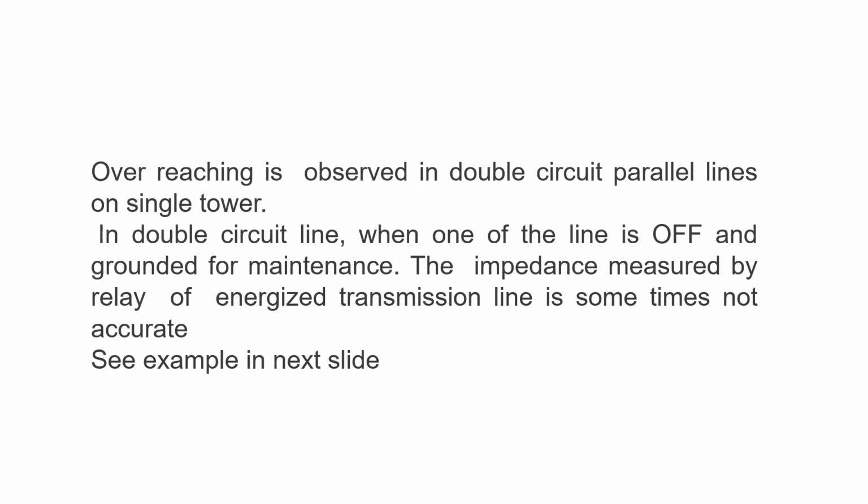Overreaching is usually observed in double circuit parallel lines. Mostly the towers are double circuited, and one line is sometimes off for shutdown and maintenance, and it is grounded. Then there is an effect of the mutual reactance, or mutual impedance, between the two lines, and that affects the measurement of the impedance of the line in case of a fault.